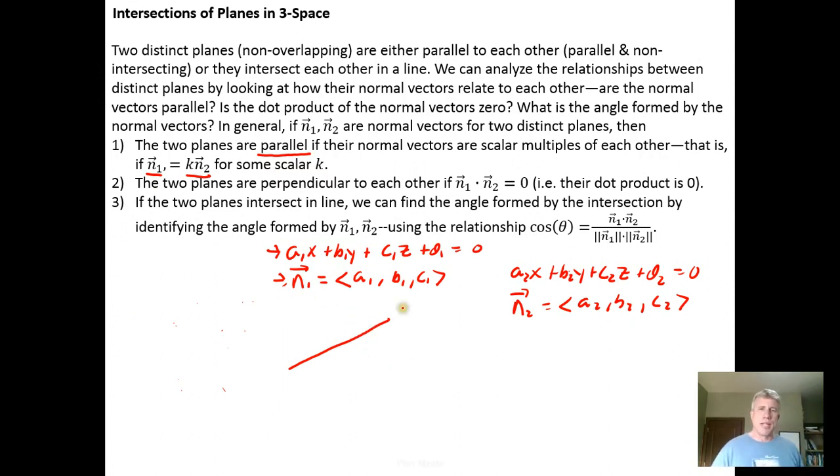So if I have plane 1 sitting here, it's going to have normal vector n sub 1, that vector of coefficients that's perpendicular to the plane. And we have another plane that's neither perpendicular nor parallel to plane 1, called plane 2. It's also going to have its normal vector n sub 2.